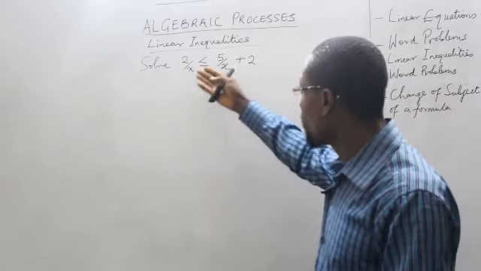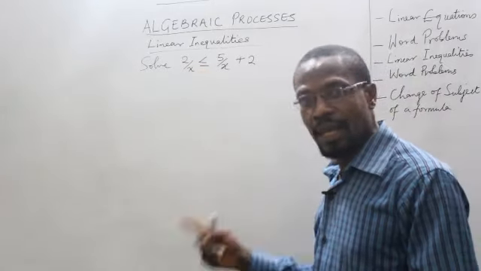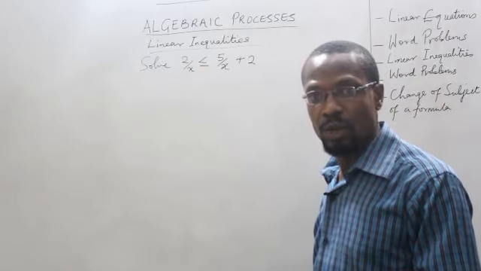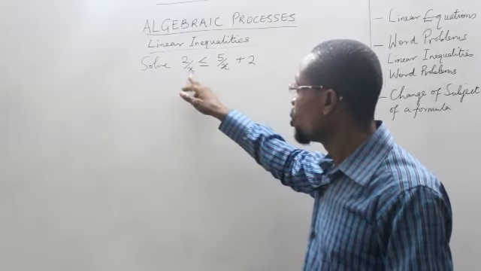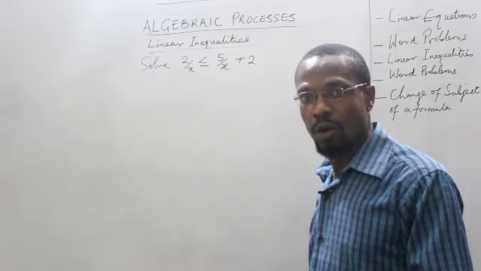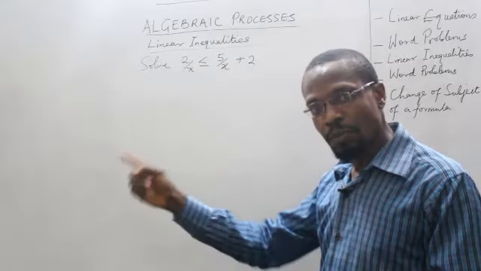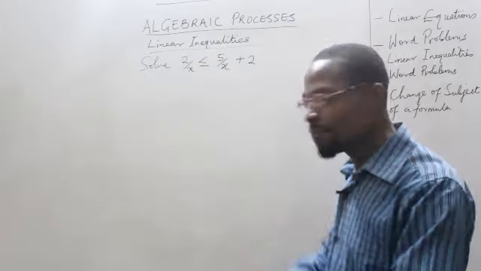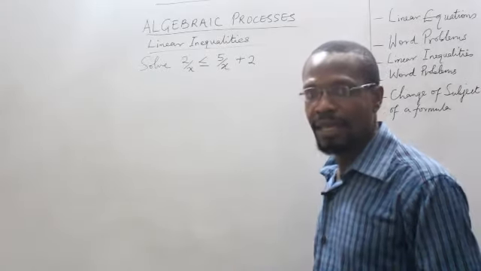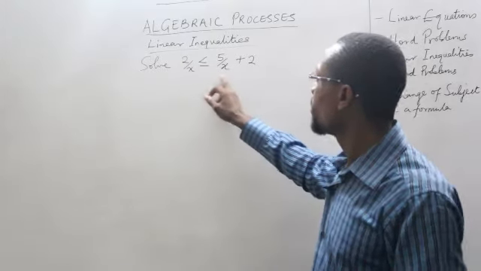Okay, we have fractions here. In the case of linear equations, what did we do? When you have fractions, you get the LCM of the denominators and multiply through the equations left and right by that LCM. What is the LCM here?